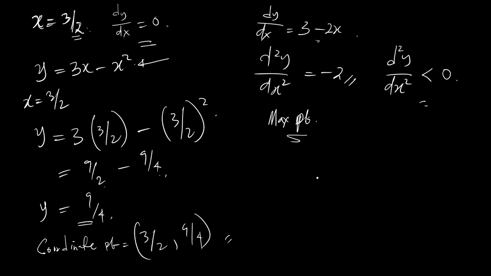Now, if you have a drawing like this, where x is increasing and y is increasing, it means you have a minimum point at this point.